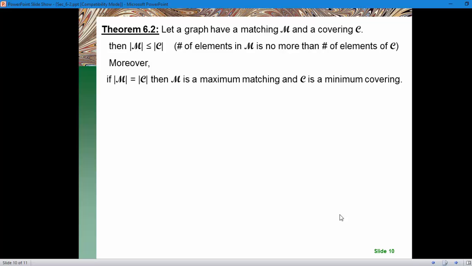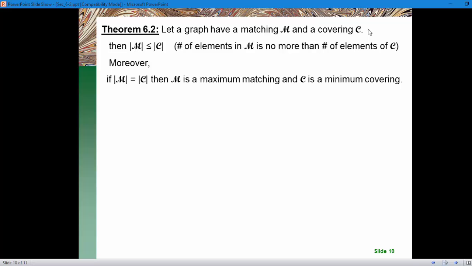Now, there is a theorem in this section that relates matching with covering. It's a very interesting relationship. The theorem says that if you have a matching and you have a covering, remember, matching is a set of edges and covering is a set of vertices.